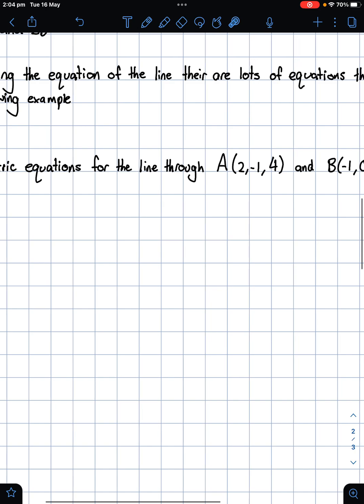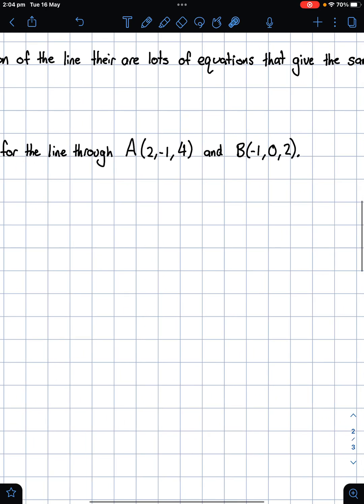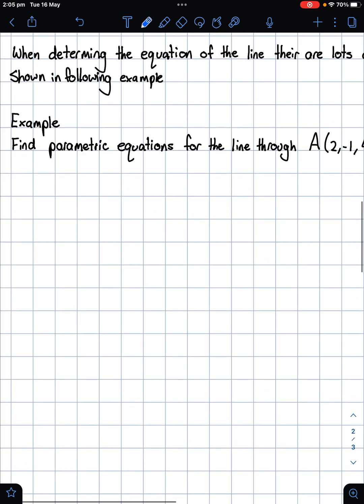So find the parametric equations for the line A2, -1, 4 and B1, 0, 2. So if I consider these 2 points, A and B, we're looking at a line that goes through both of them.